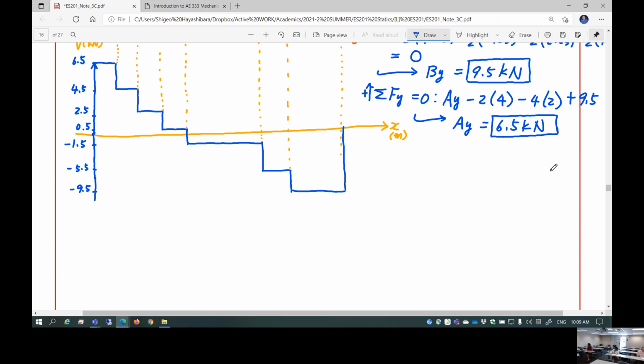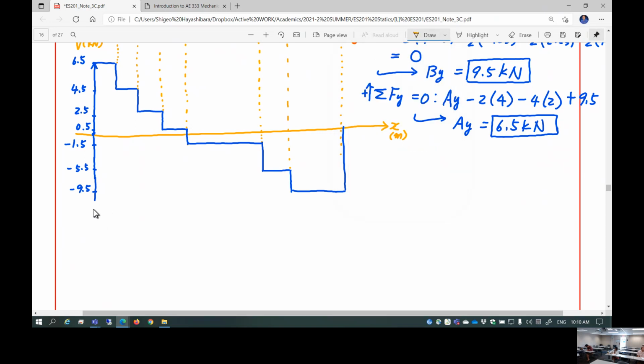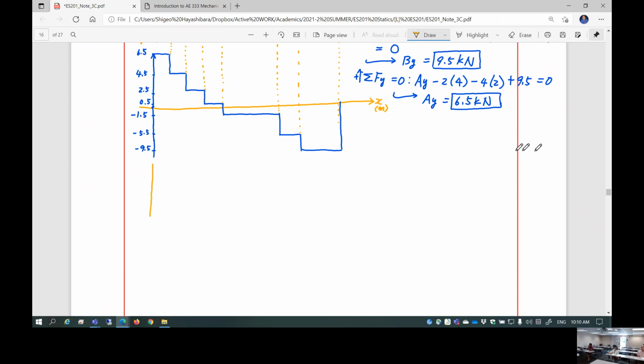Do you want to do moment diagram? You can do it, of course. So, of course, moment diagram typically requires shear diagram. So, after you know the details of shear, now you're ready to construct a moment diagram. Now, let me just zoom out.